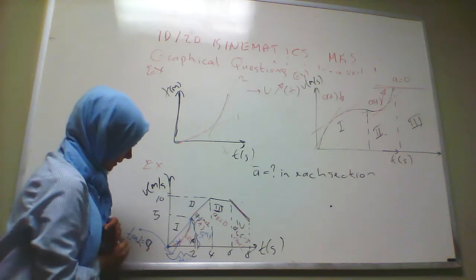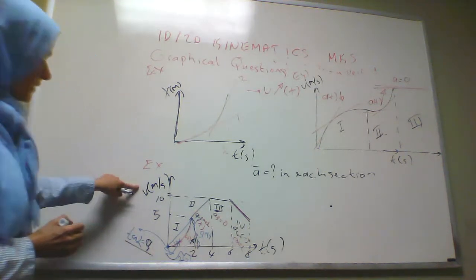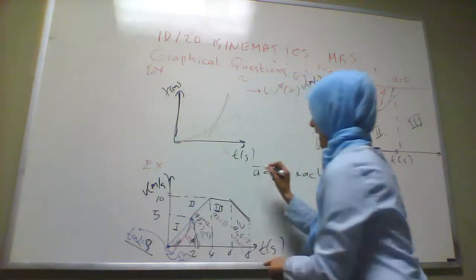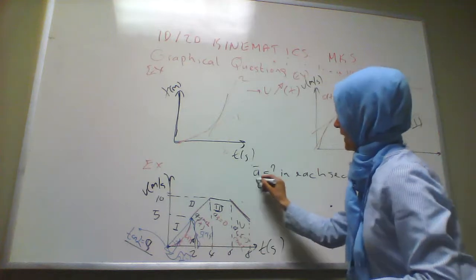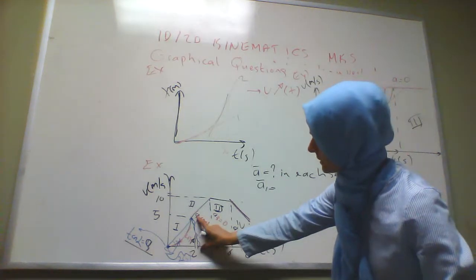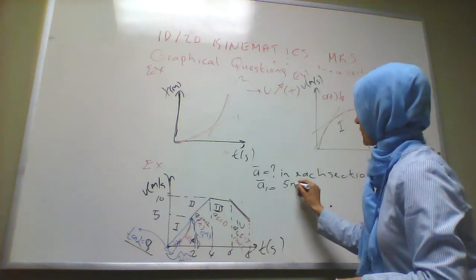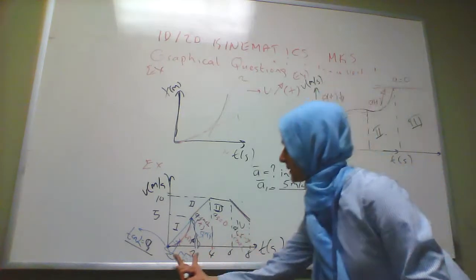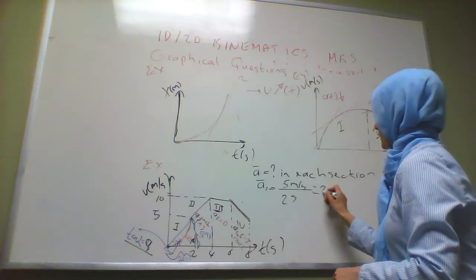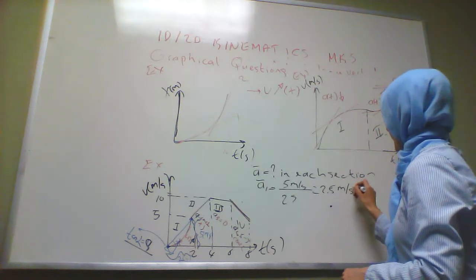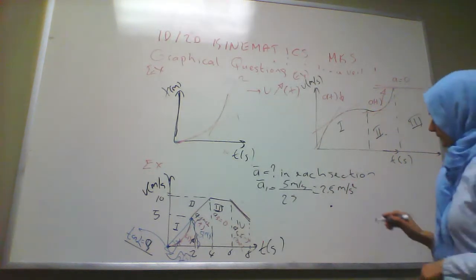Now let's find A1. It's still tangent alpha, only the graph is V versus T, so we can find average accelerations. Average A1 will be, again, this distance opposite, 5 meters per second divided by this distance adjacent, 2 seconds. So it will be 2.5 meters per second squared. This is our A1.